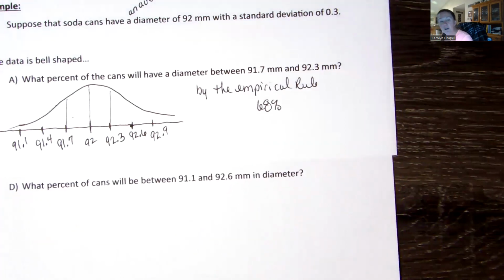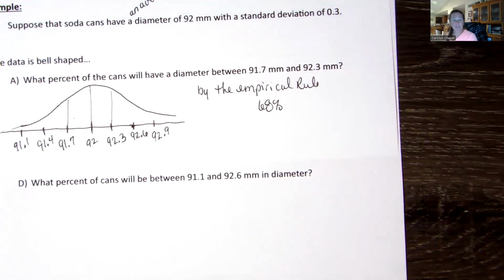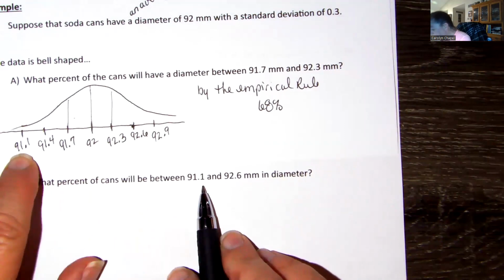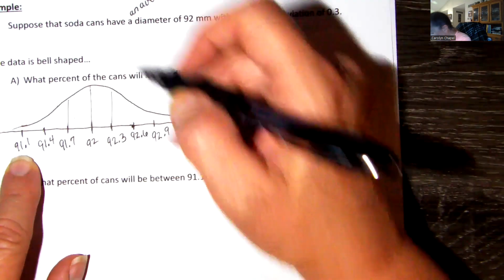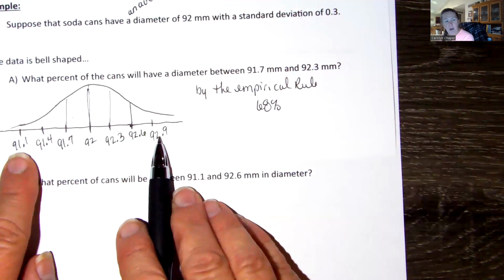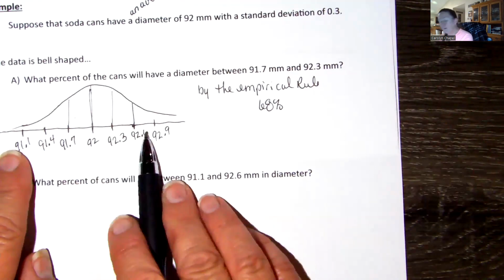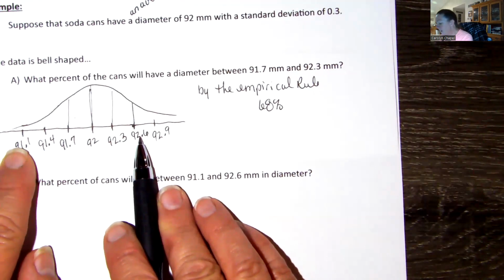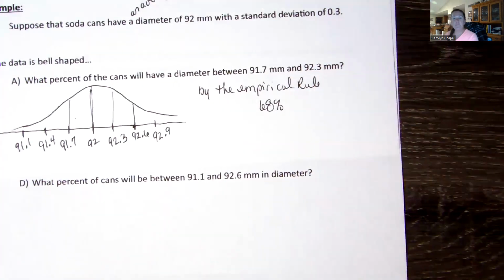Right, this one's a little tougher. What percent of the cans will be between 91.1 and 92.6? So it's not 3 up and 3 down, but it's 3 down and only 2 up. So we're going to have to play with it a little bit. And the way we can do that is, again, remember that symmetry.